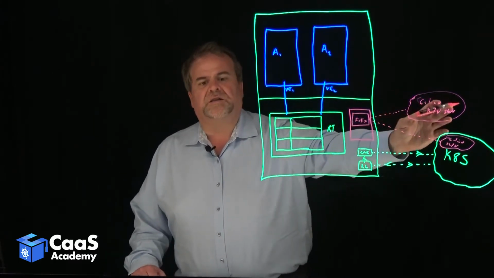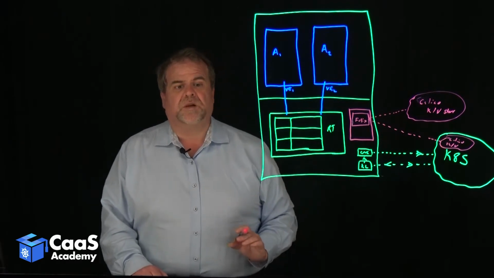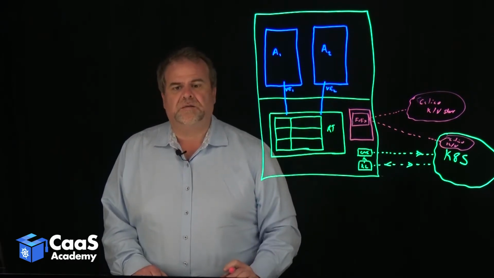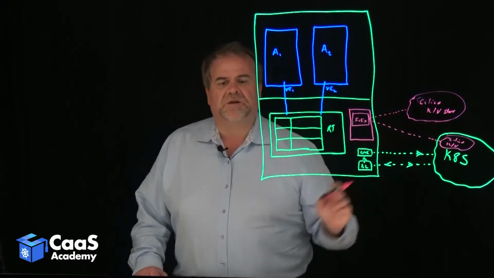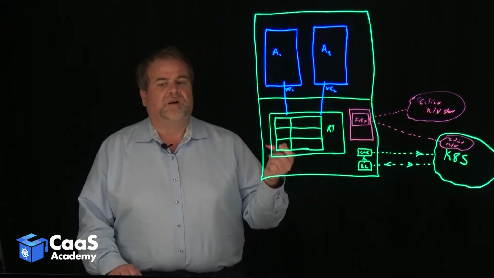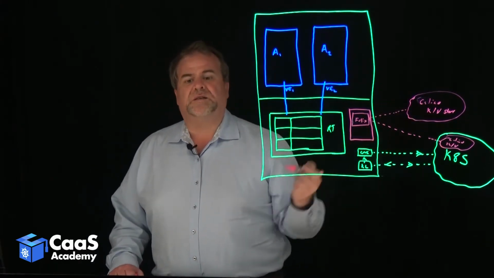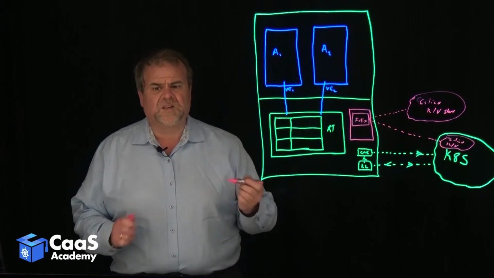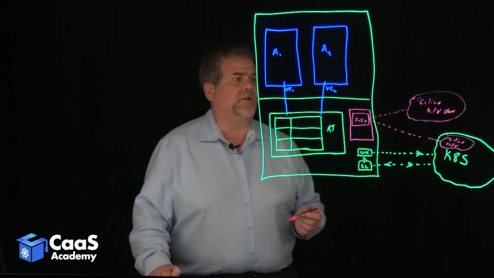So it might be talking to something standalone, like etcd, or it's talking to the Kubernetes API server. But either way, it's getting some data. Let's talk about what's stored here really quickly.